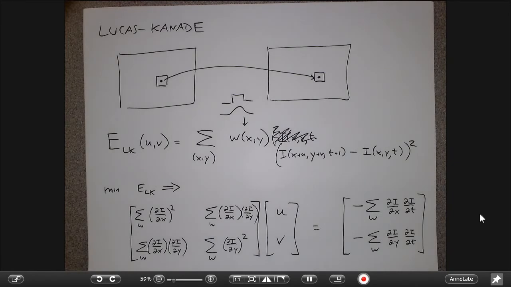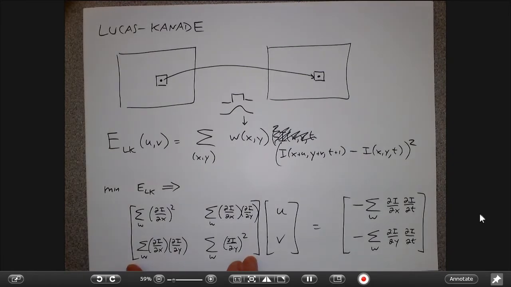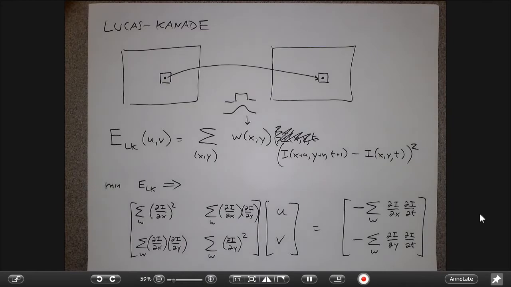So this matrix last time came up in the context of finding features, right? And what we found out was that for a feature to be good, the eigenvalues of this matrix had to be nice and large, right? If the eigenvalues weren't large, that would mean that either the patch was flat or I had the aperture problem, where there was an edge and I couldn't estimate the motion, right?